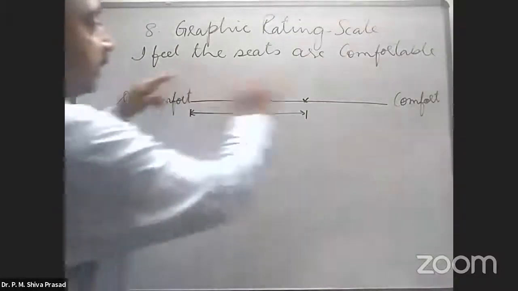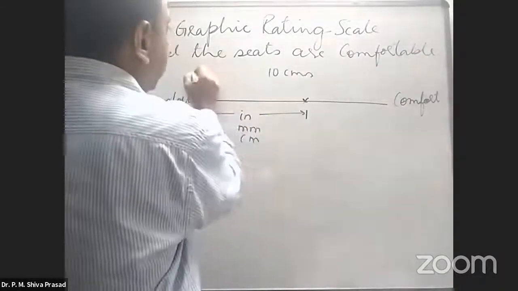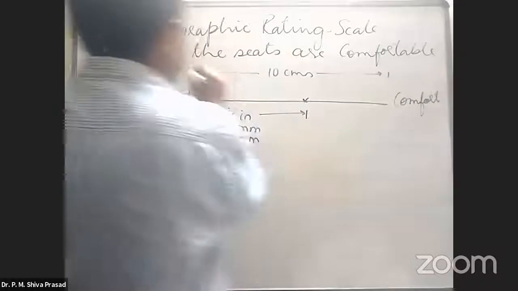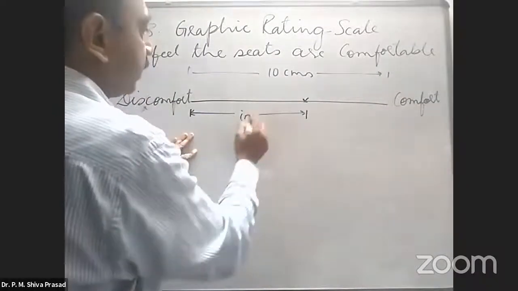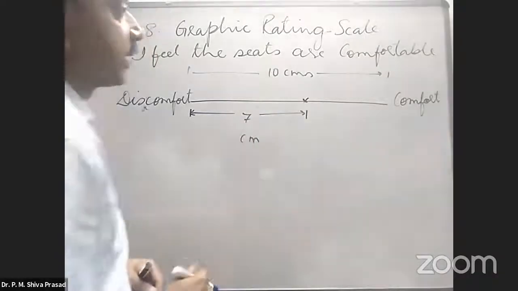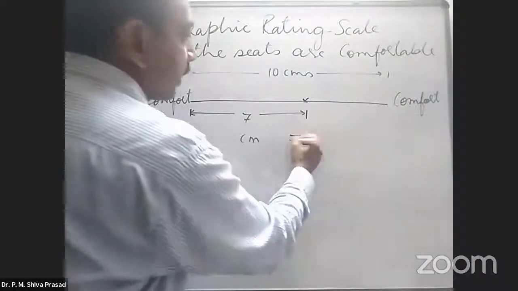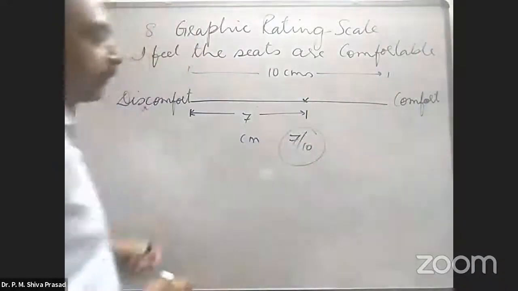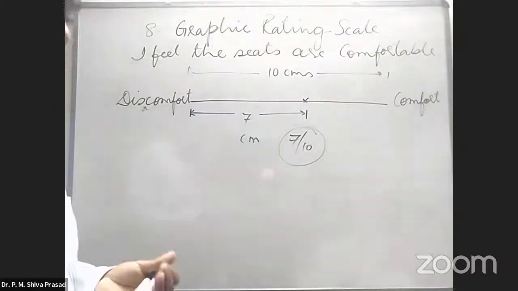Say, for example, this is a 10 centimeter scale. The total length is 10 centimeters. Then this marking would be probably 7 centimeters. So we say the comfort, according to the respondent, is 7 out of 10. And this is how graphic rating scales are used.